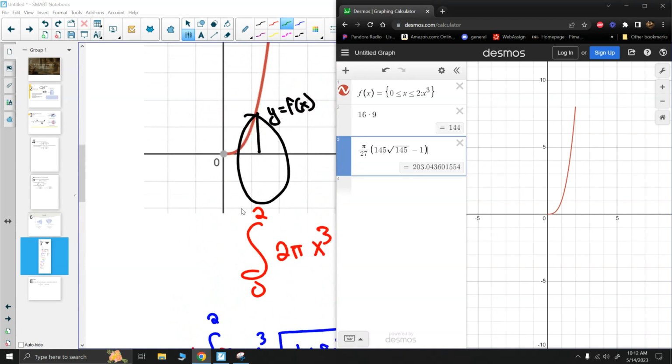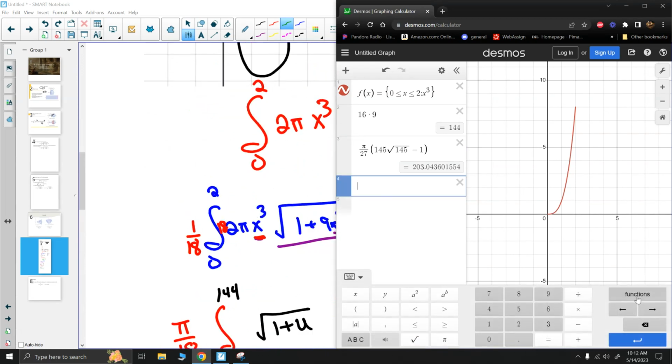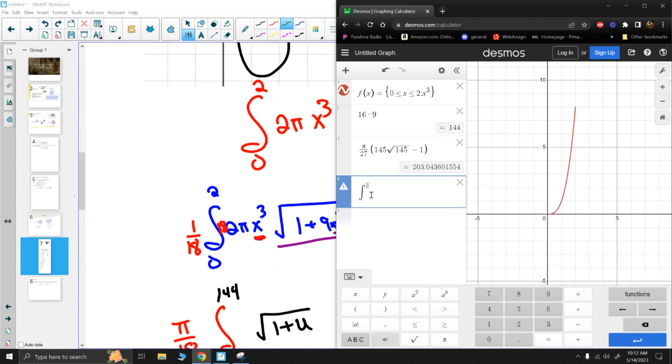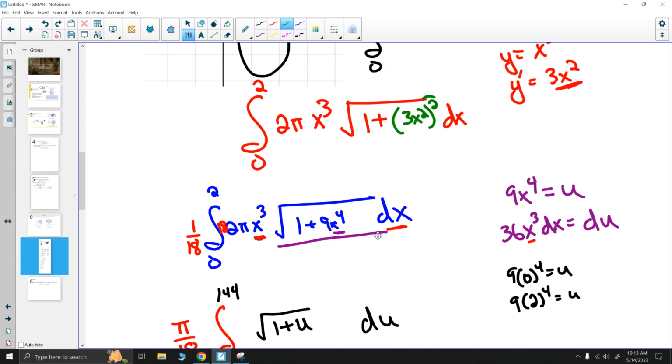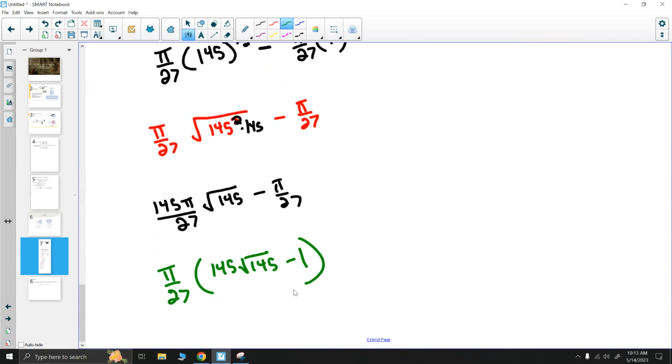Let's go back to our original integral that we did. The integral from 0 to 2 of 2 pi x cubed square root 1 plus 9x to the 4th dx is 20304. All right, so as long as we set it up correctly, we at least did our integration correctly. So that's always a good sign.